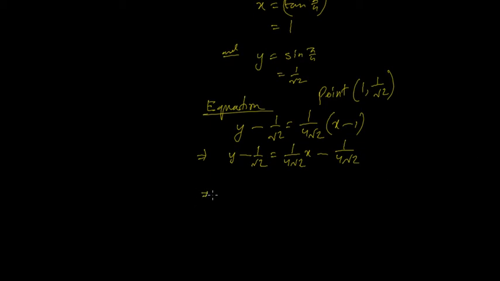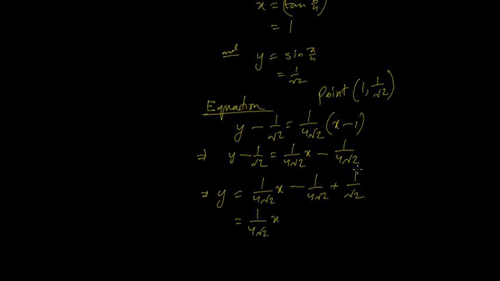So I can write y equals 1 by 4 square root of 2 x minus 1 by 4 square root of 2 plus 1 by square root of 2. Now these calculations are nothing but simple algebra. They look a bit difficult, but they're simple algebra.